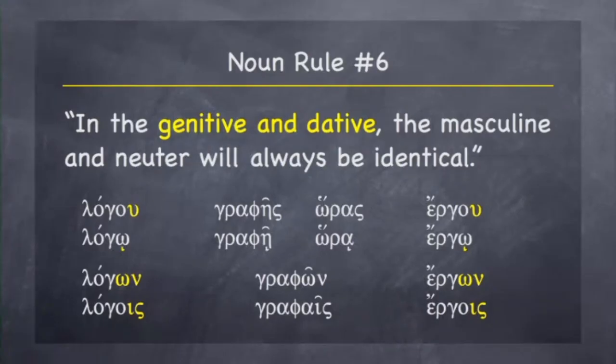Go over to the neuter, it's ergou, same case ending. Logou, ergou. Drop down to the plural, logon, ergon. Dative plural, logois, ergois. You see, in the genitive and the dative, masculine and neuter forms are always going to be identical. They're going to be using the same case endings.